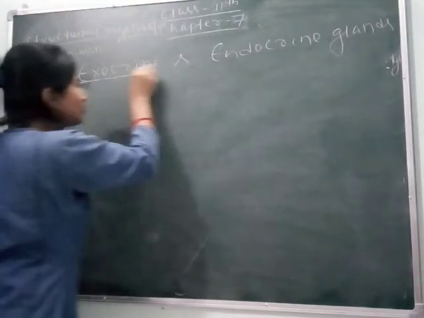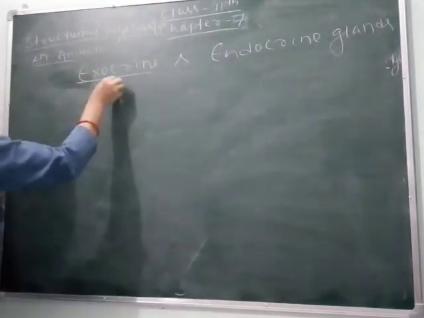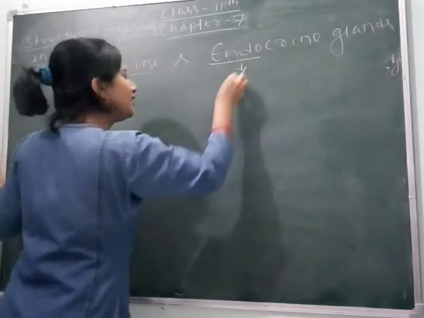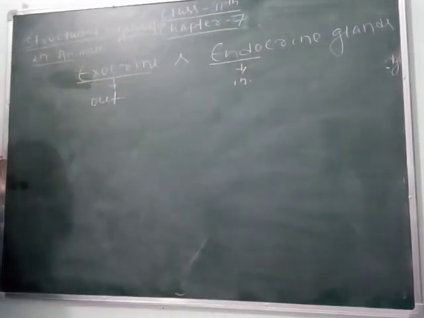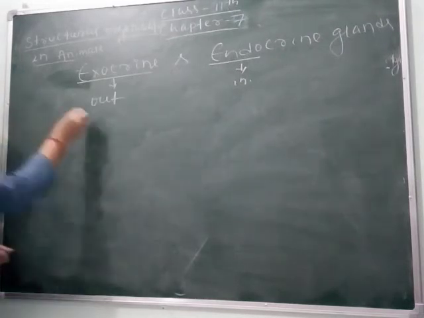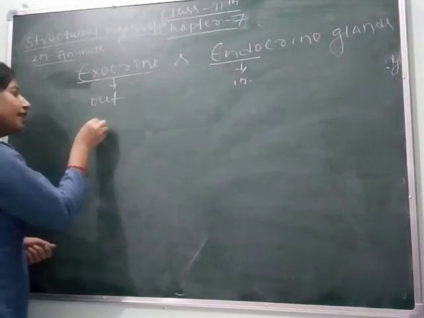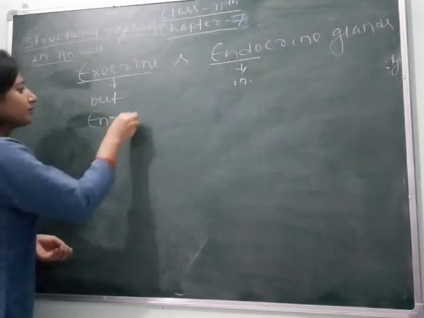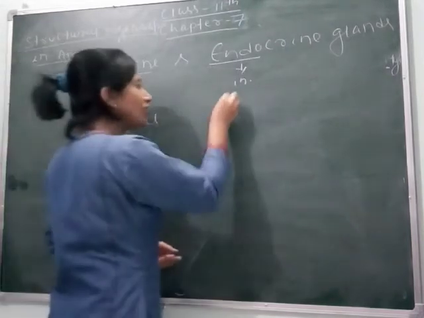As we know, exo means out, endo means in. So the tissues that make exocrine and endocrine glands are glandular tissue. Let's see how they do a particular function. Clear? So exocrine, as we know, they secrete enzymes. And endocrine glands secrete hormones.